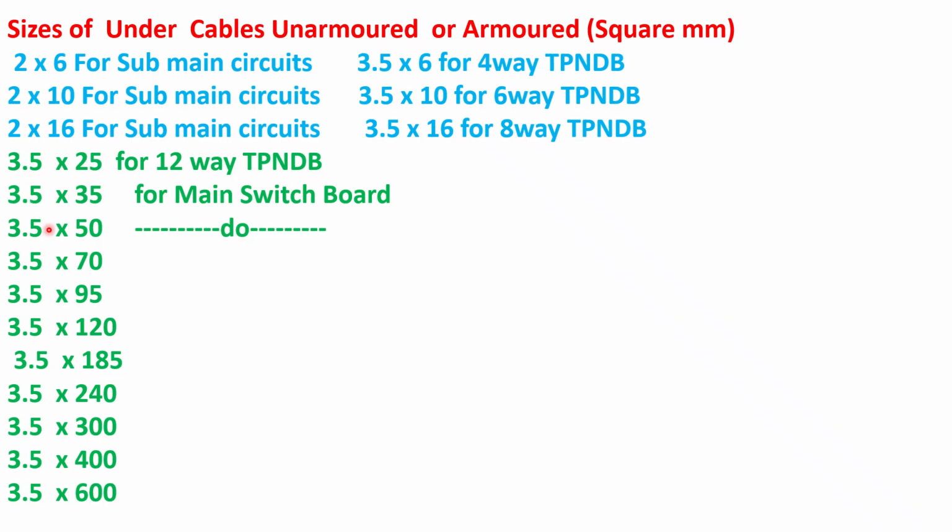The other sizes are used for main switchboard. This may be 3.5 by 35, 3.5 by 50, 70, 95. We use almost all different sizes up to 600 square mm, but normally above 300 we use single core also.